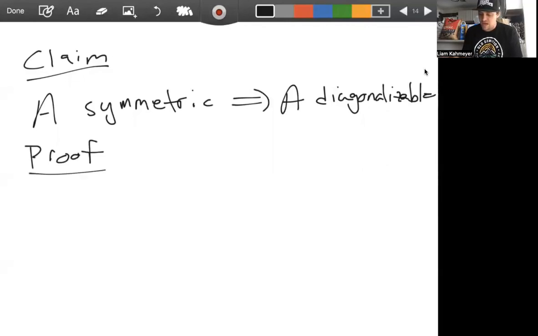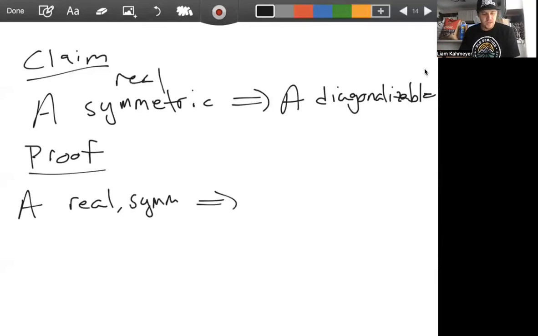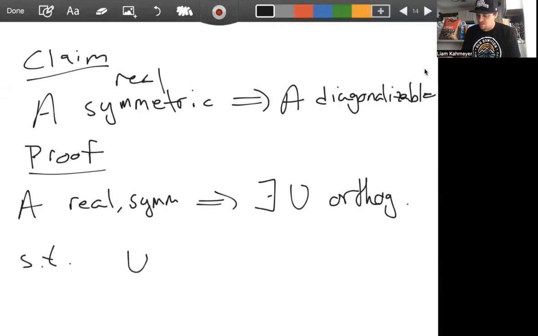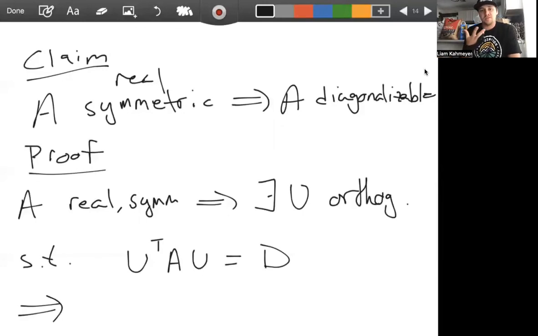If we have that A is real and symmetric, by a previous theorem, that implies there exists an orthogonal matrix U such that U transpose A U is equal to a diagonal matrix D. Well, when U is orthogonal, that implies that the transpose of U is the same as the inverse.